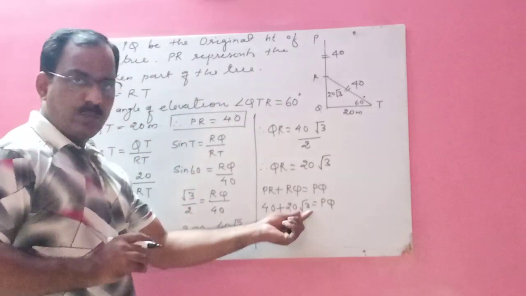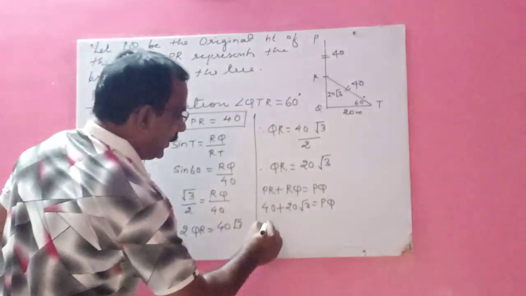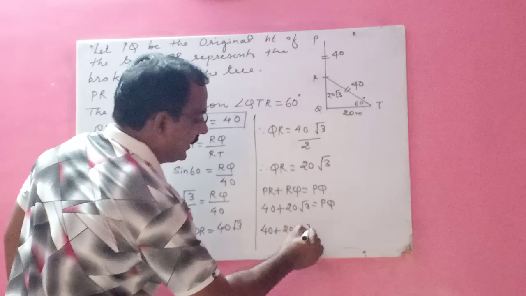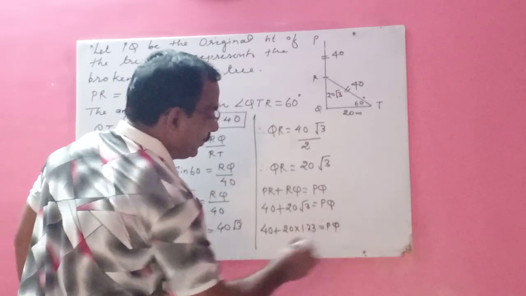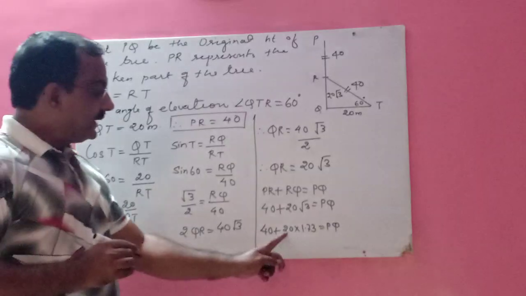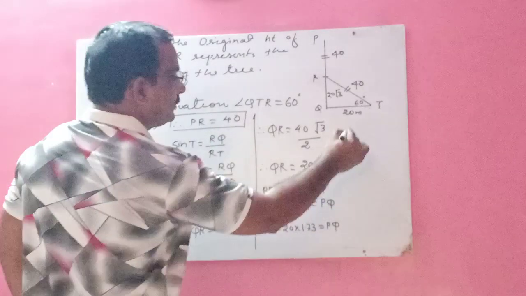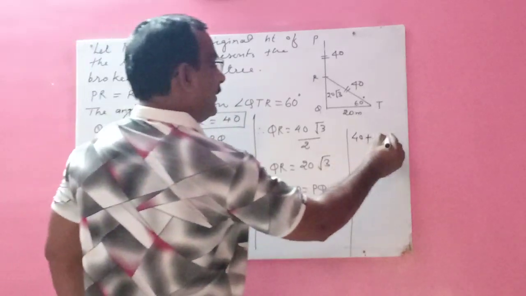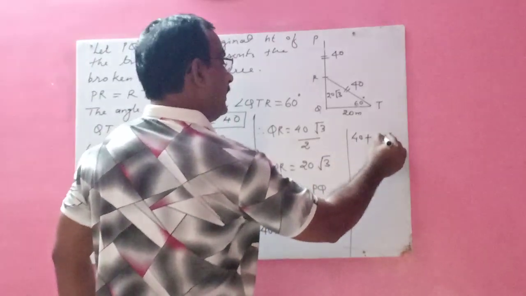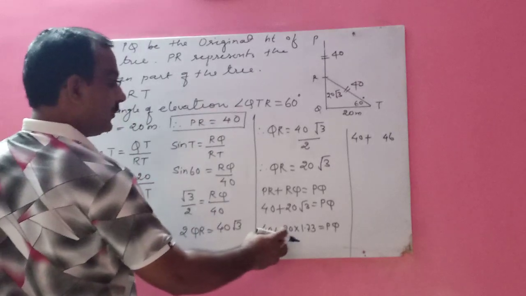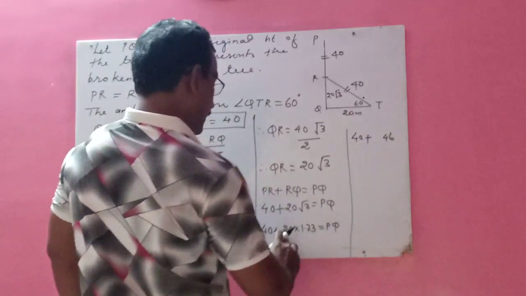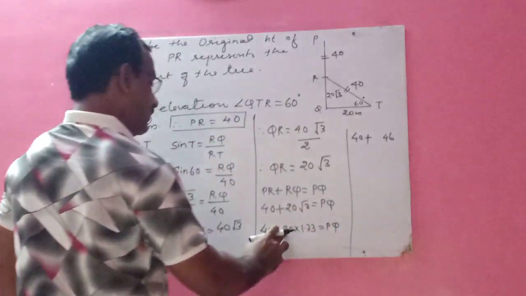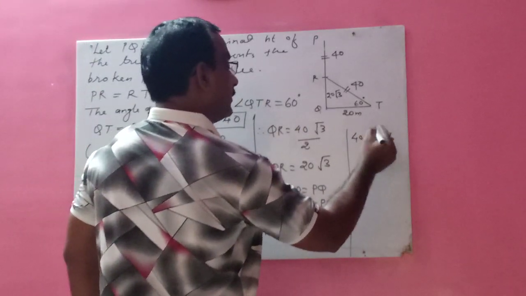Now keep the value of root 3. It is 40 plus 20 into 1.73, equal to PQ. Multiply these two here. 2 ones are 2, 2 threes are 6, 2 sevens are 14, carry 1, 2 ones are 2 and 1 is 3.